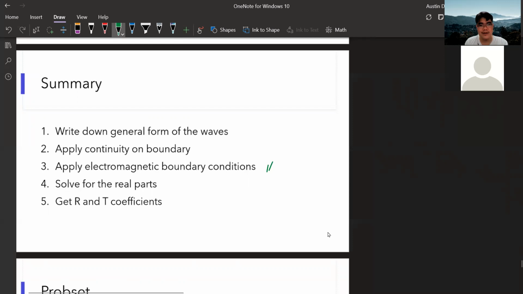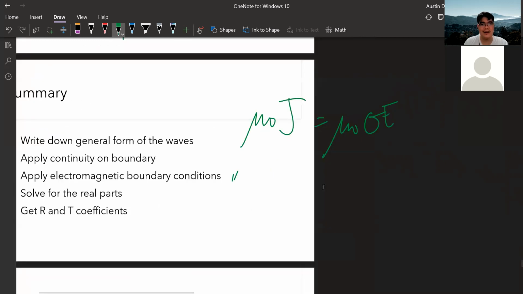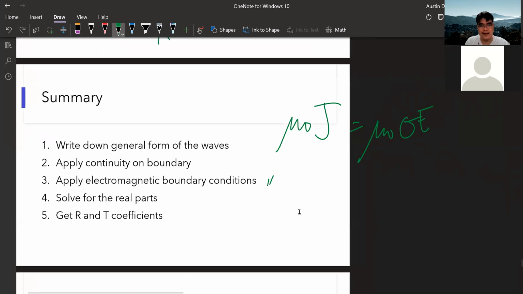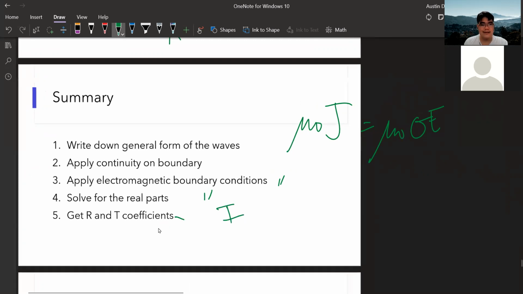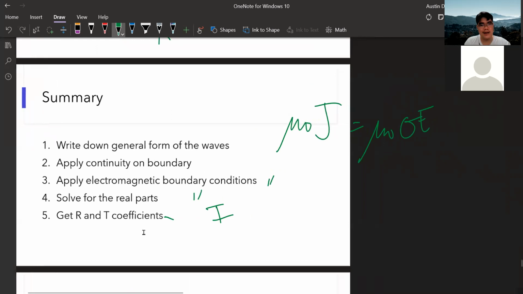So, si mu naught J magbabago, magiging mu naught sigma E. So, may mga ganung bagay pag conductor yung dadaanan mo. And then you solve for the real parts, you isolate the real parts. Then, you get the R and T coefficients. Yung R and T coefficients, kailangan mo lang tatlong I. Paulit-ulit lang to. Ganito lang yung ginagawa natin sa waves.